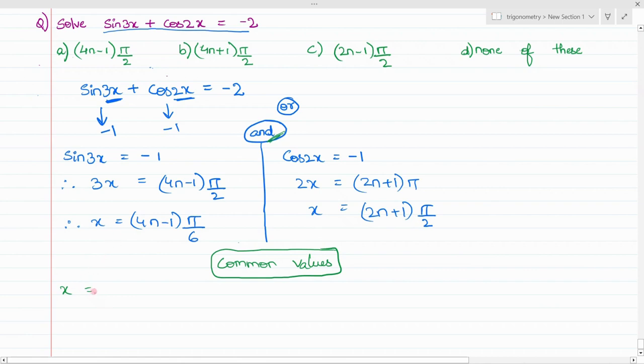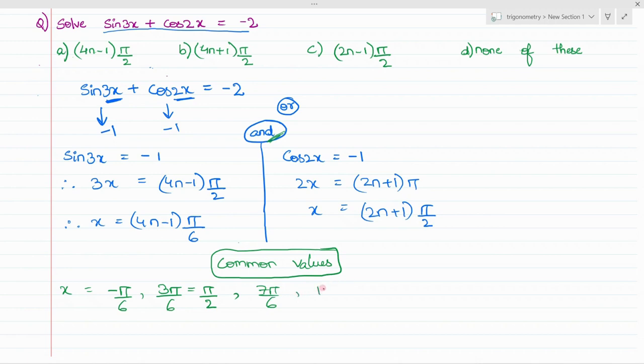So from here, we can write the values of x as minus pi by 6, that is when n is 0. If n is 1, it is 3 pi by 6, which is nothing but pi by 2. If n is 2, 7 pi by 6. If n is 3, 11 pi by 6. Next 15 pi by 6, which is nothing but 5 pi by 2, and this continues.